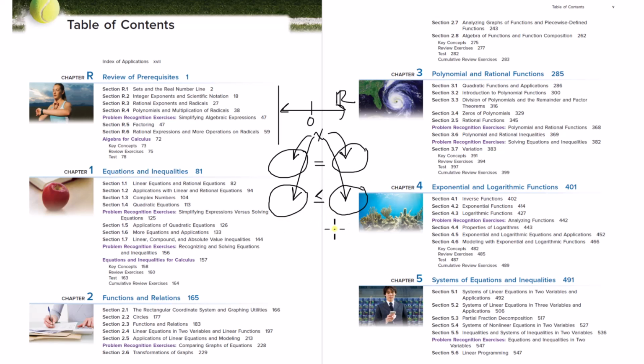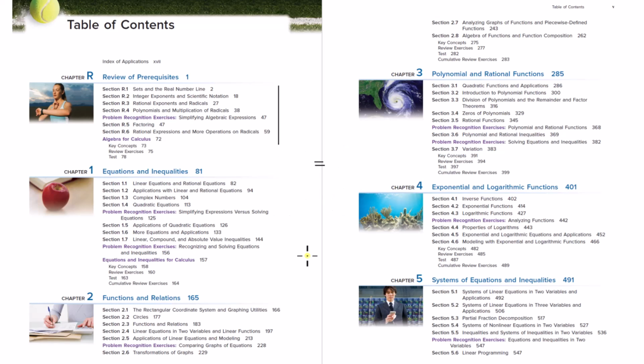Well, if it is, then it satisfies the inequality. But then we want to know what are all the different real numbers that when you plug them in like this, it satisfies the inequality. So that's the idea of what an equation and an inequality is, and what we're trying to figure out when we want to solve an equation or an inequality.